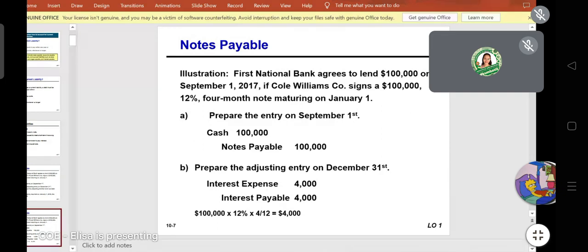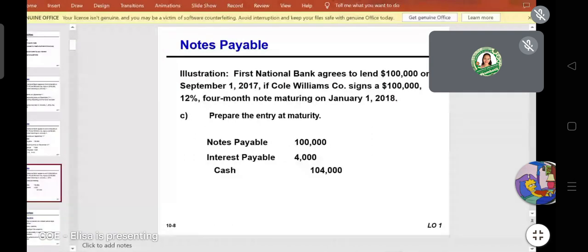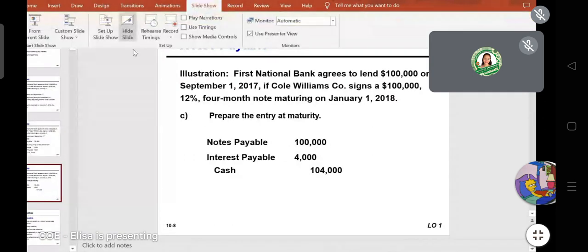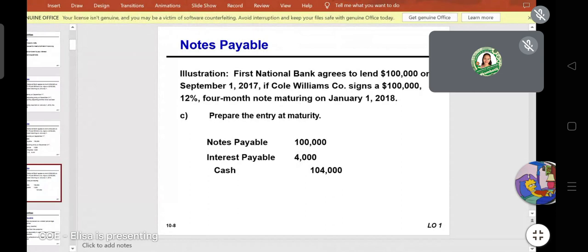So with that, we debit notes payable and then interest payable. By the time we pay, we credit cash 104,000.